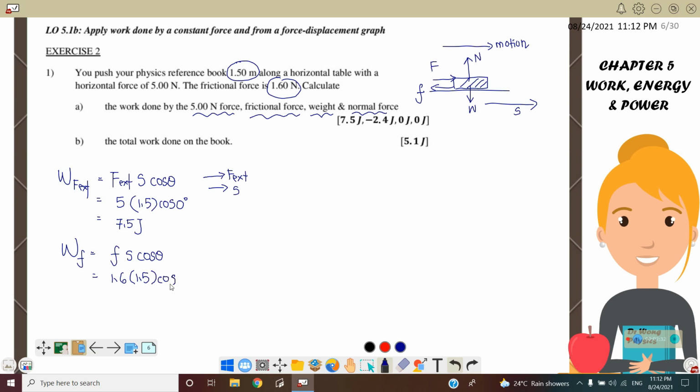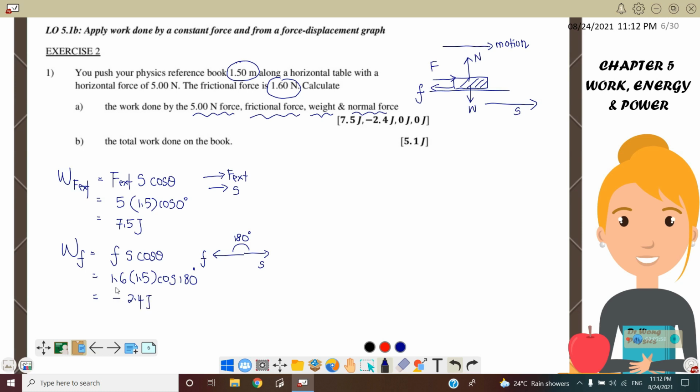So cos, you must draw out the directions, the angle between them, where your friction is to the left and the displacement is to the right. So the angle between frictional force and the displacement is 180 degree. So cos 180 degree, you will get -1. So therefore our answer is -2.4 joule.